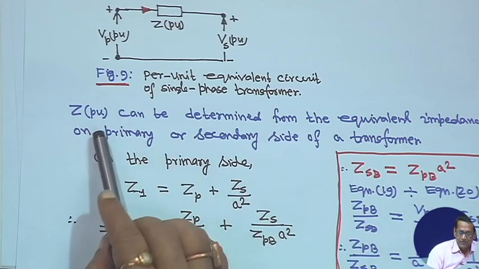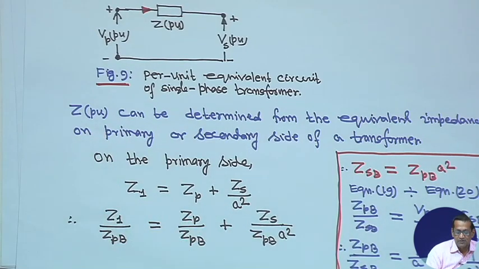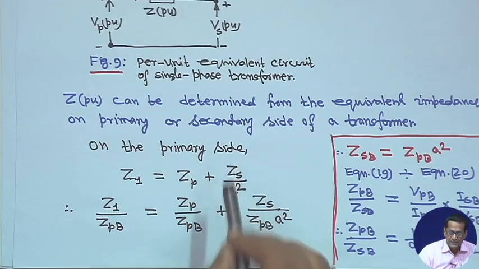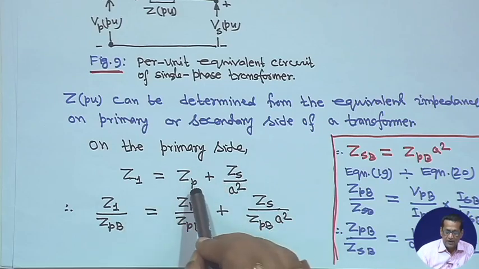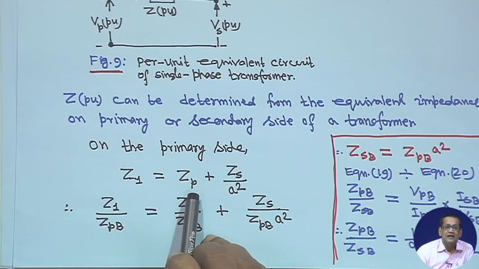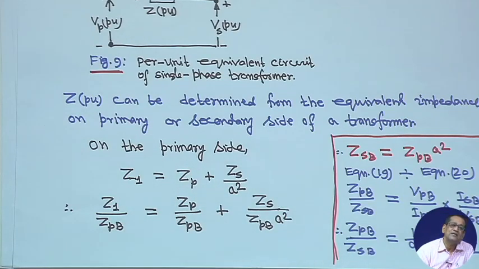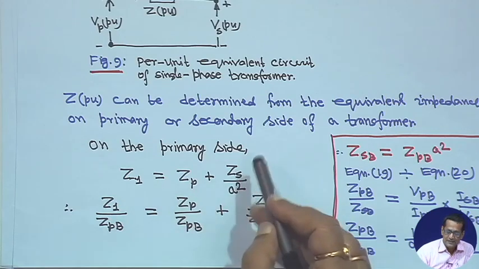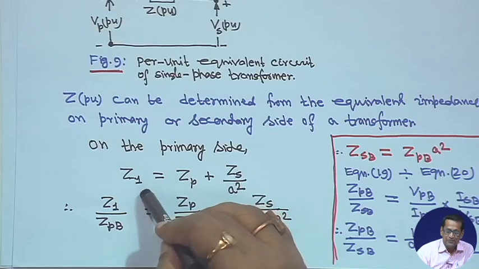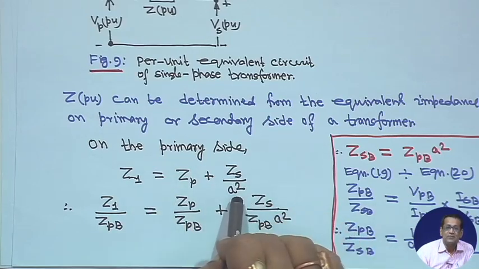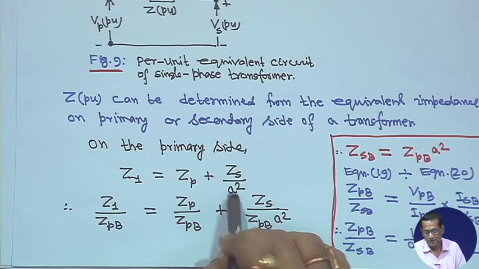Now, Z per unit values can be determined from the equivalent impedance on the primary or secondary side of a transformer. For example, on the primary side, the primary side impedance is ZP, and the secondary side impedance was ZS, but when referred to primary it will be ZS upon a square, that you know, right.